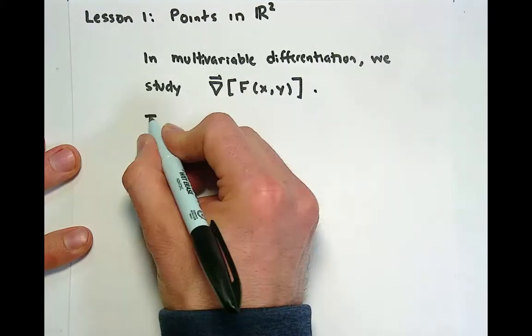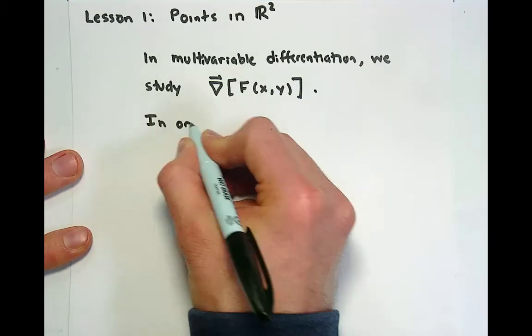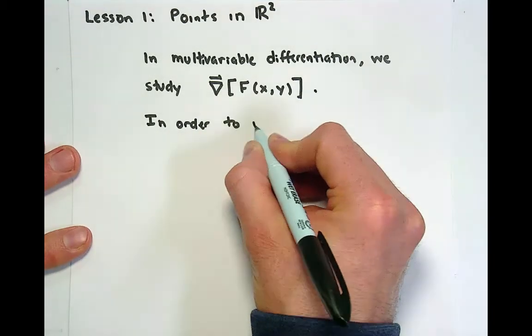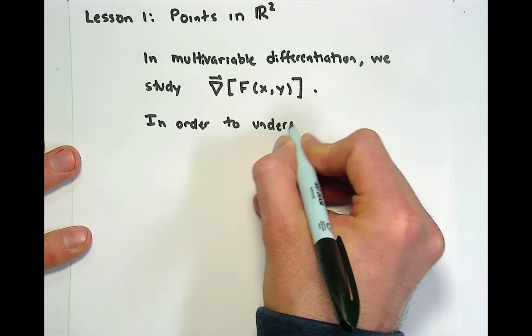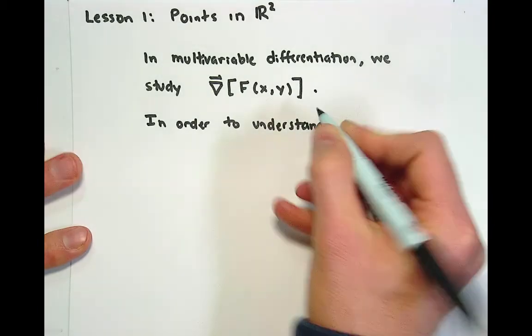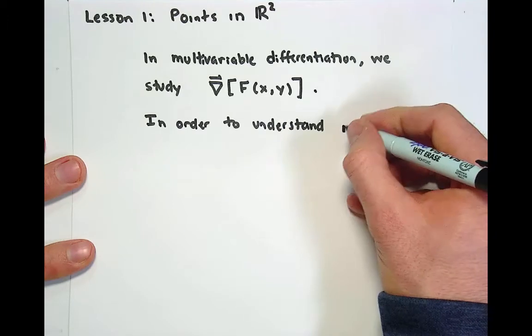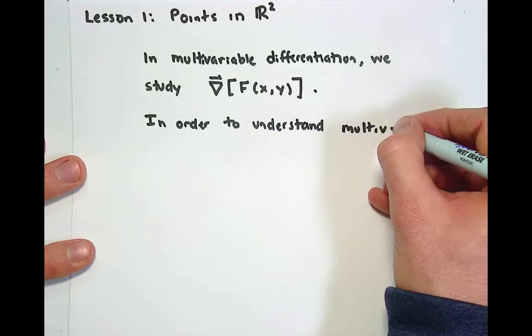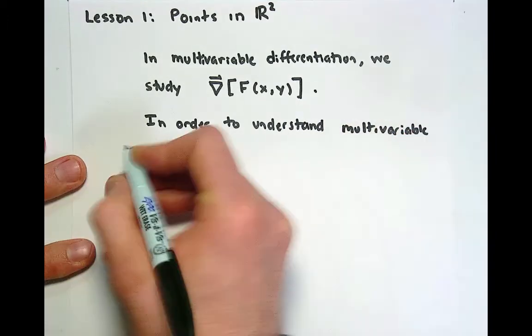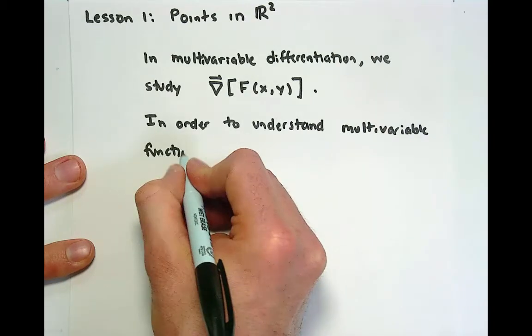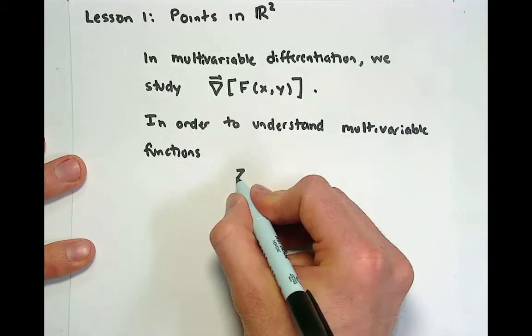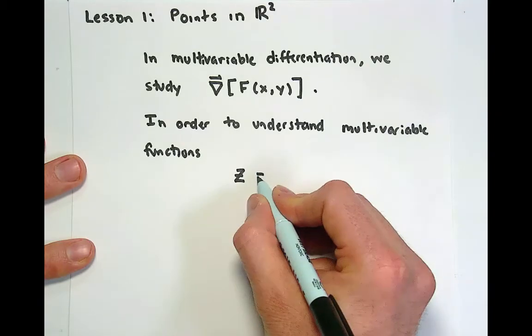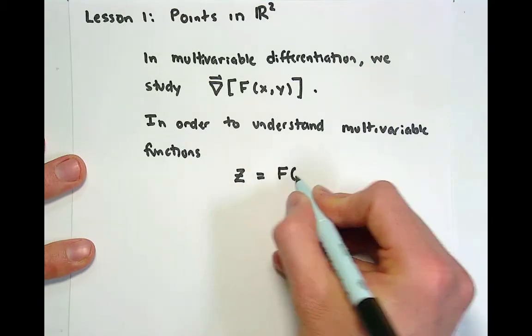In order to understand multivariable functions, perhaps we say that the output variable we'll call z, and it is a function of two input variables.